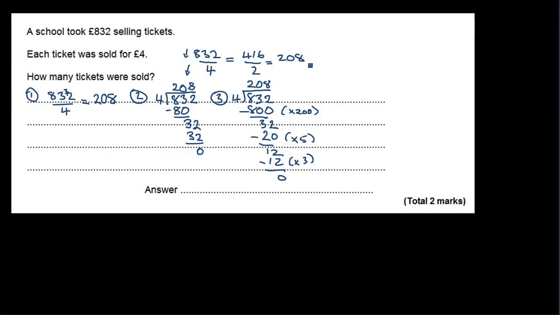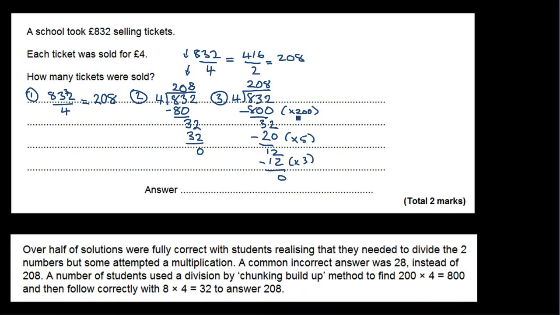Okay, so 3 methods there for tackling the same problem, but even just simplifying it got us to the answer straight away. Let's see what students did when they tackled this. Well, unfortunately, although over half of the solutions were fully correct, with students realizing that they needed to divide the two numbers, unfortunately, some, a little less than half, attempted to multiply those two numbers.